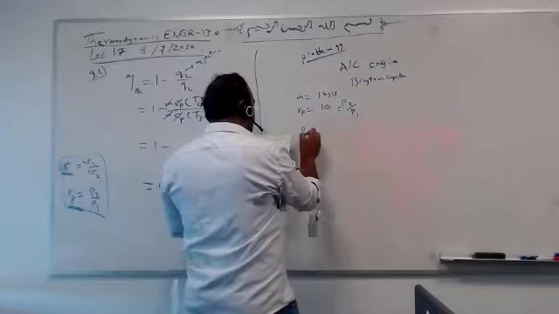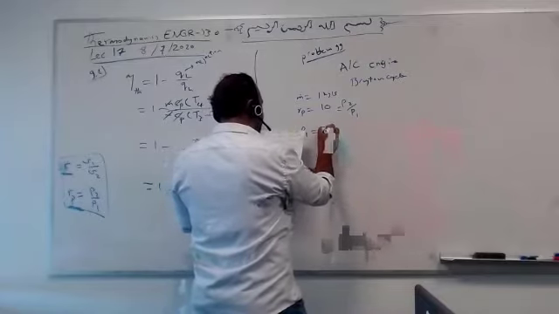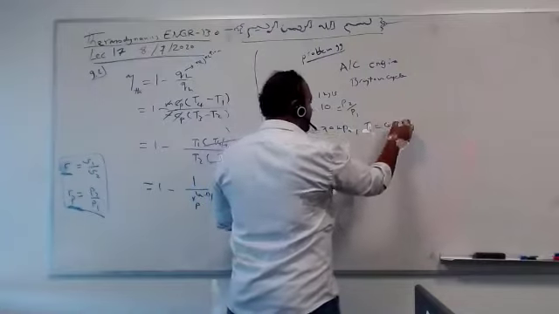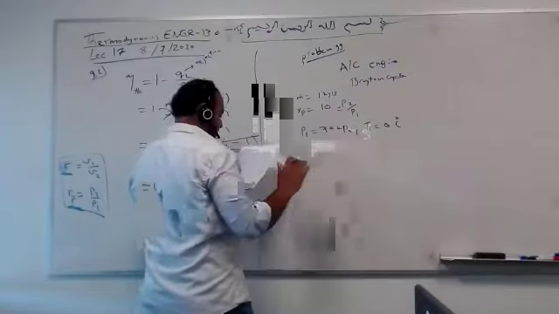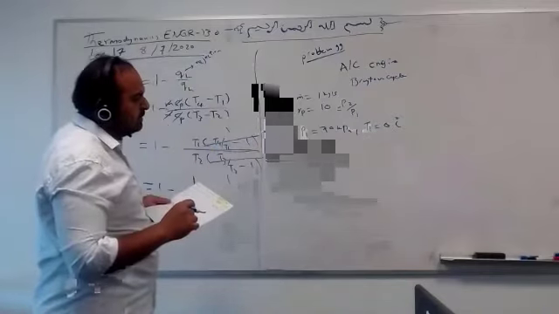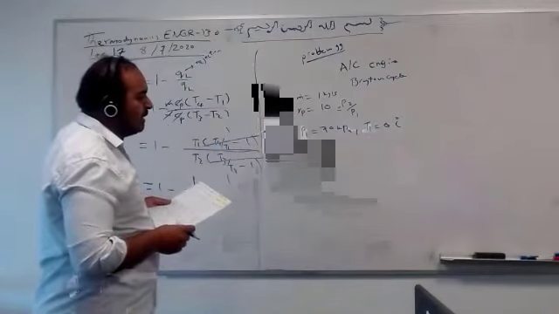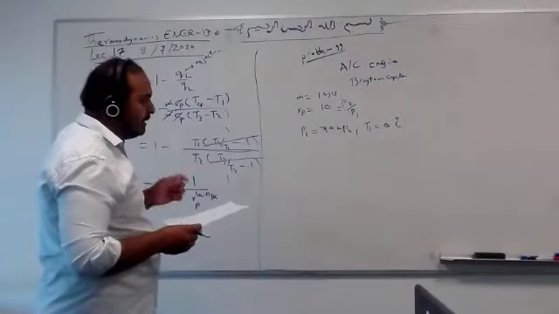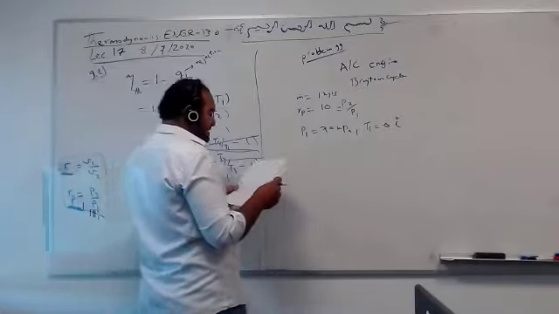You have P1 at 70 kilopascal, and you have T1, which is 0 Celsius. It's an altitude of, let's say, 30,000 feet, or 10,000 meters almost, so you can get about 0 Celsius.